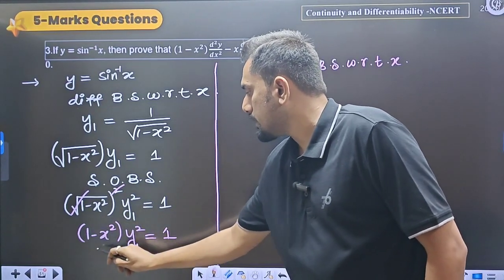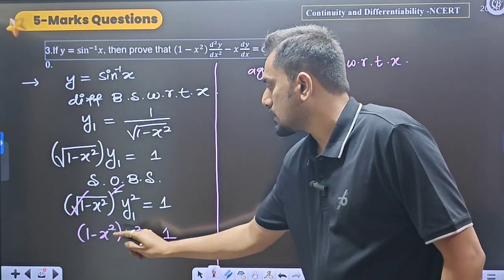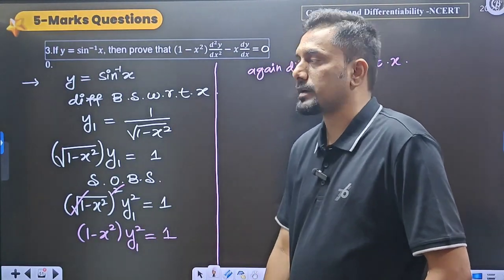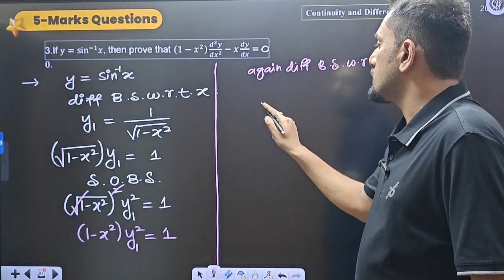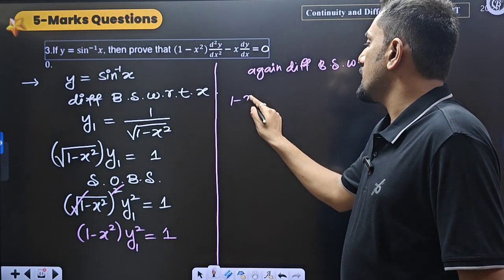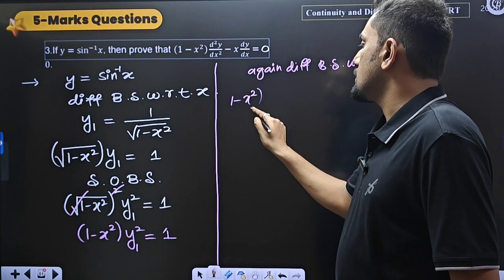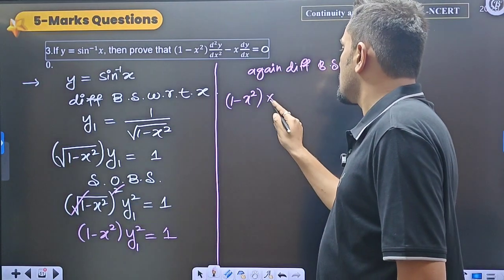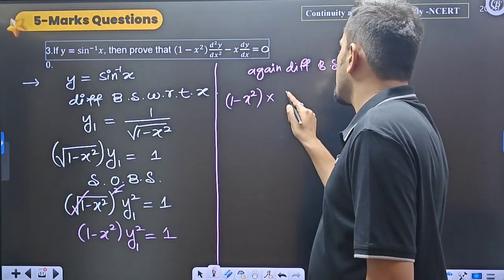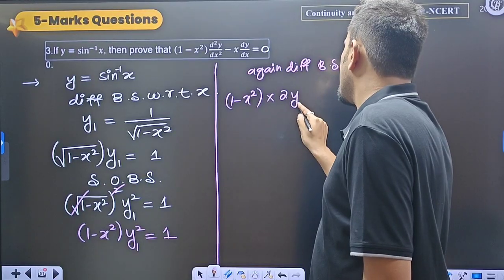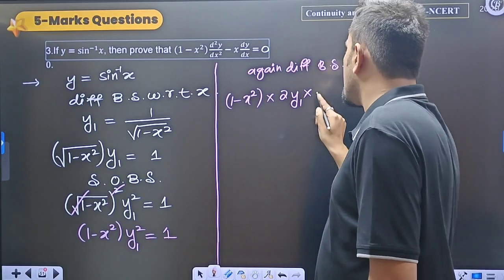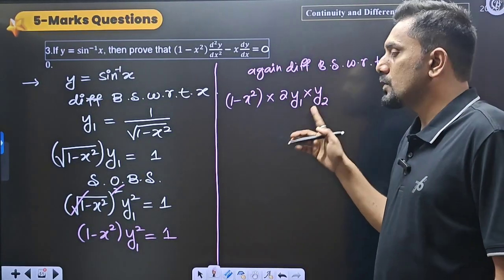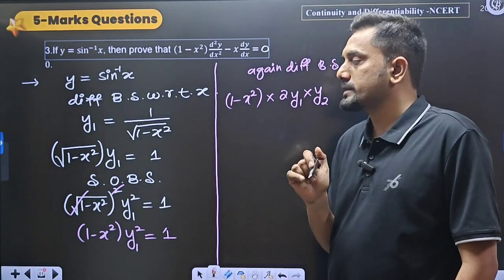This is the first function and this is the second function: 1 minus x square becomes the first function, y1 square becomes the second function. If I use the product rule, keep the first function as it is, that is 1 minus x square as it is, then the derivative of the second function. What is the derivative of y1 square? 2y1 into the derivative of y1, which is y2. Keep in mind y2 is nothing but d square y by dx square.